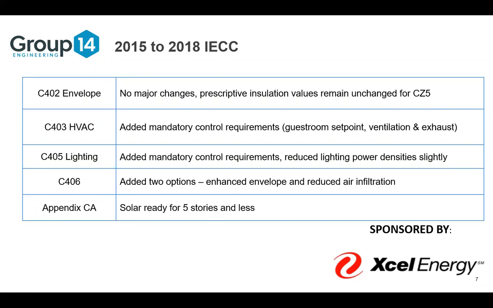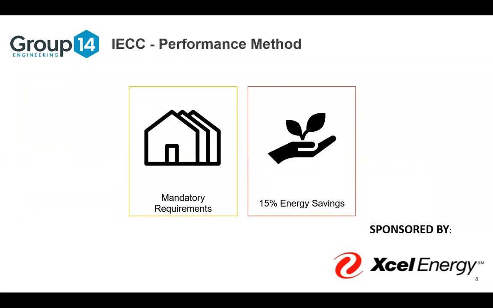Okay, so let's get into the performance method. Like we talked about, you still have to meet those mandatory requirements that are listed in the code. Every section that says mandatory next to it, they still have to show compliance with. I'll give you an example report of what we supply to show where we list all of our mandatory requirements.